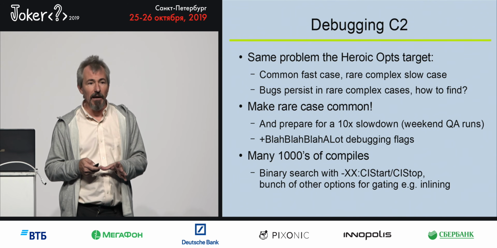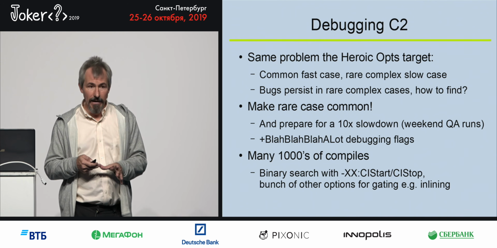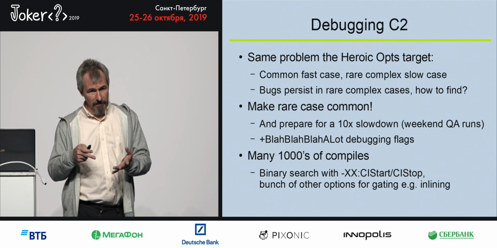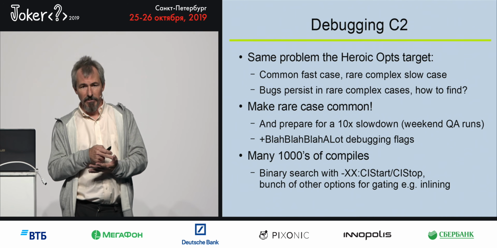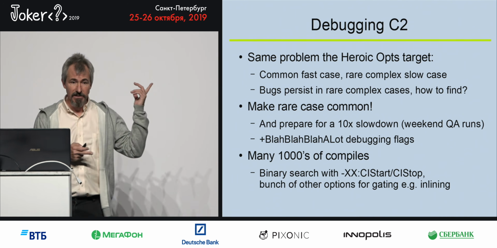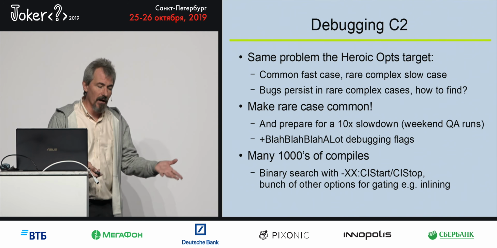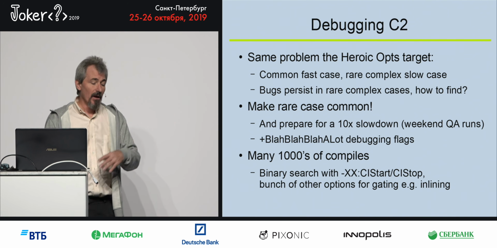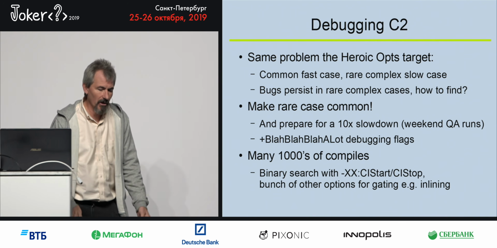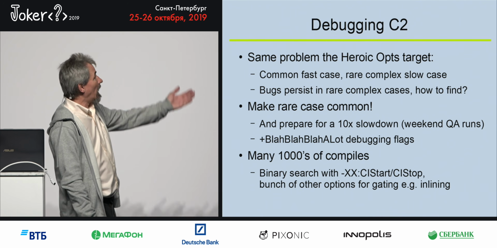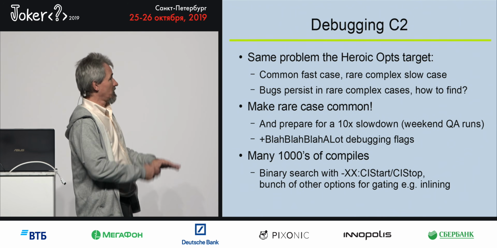What's blah, blah, blah? It's compile a lot, deoptimize a lot, safe point a lot, GC a lot. There's like 20 of them. There are a lot of flags, and they force the rare case to be common, which means you're slow. So you get a weekend QA run, but you probably find your bug sort of directly.